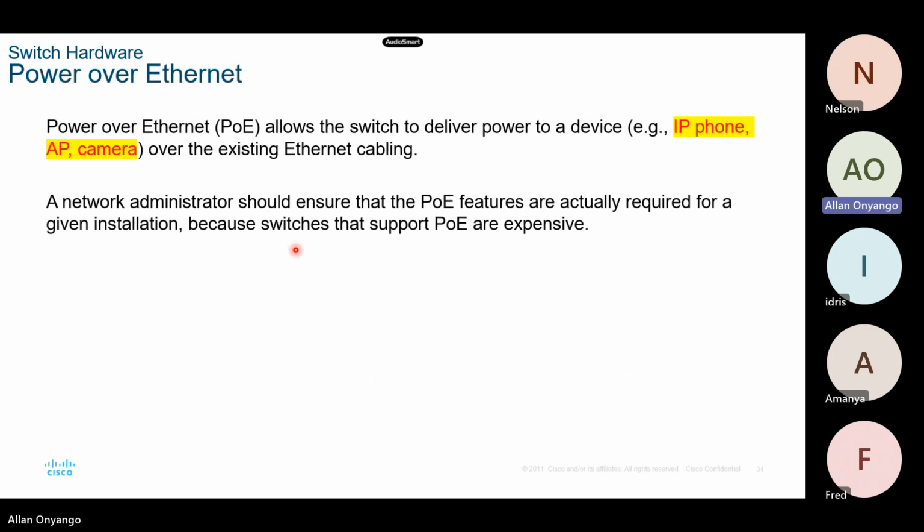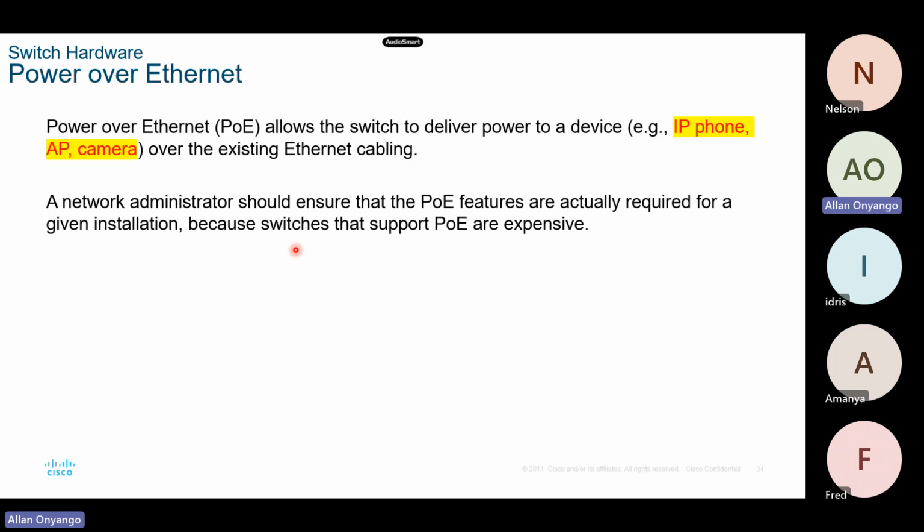Now, some switches have a special feature called PoE, okay? And these switches help to power devices like IP phones, access points, cameras, web cameras, okay? So not all switches, but some switches have a feature called power over Ethernet or PoE, okay?